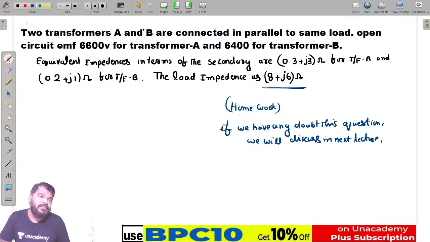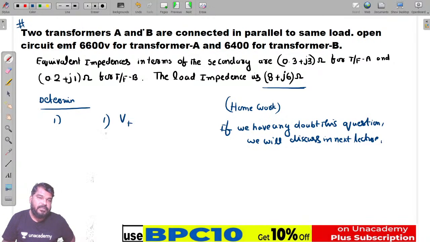This is a question based on unequal voltage ratios. Here I will tell you the questions. Determine the following. First one is terminal voltage.